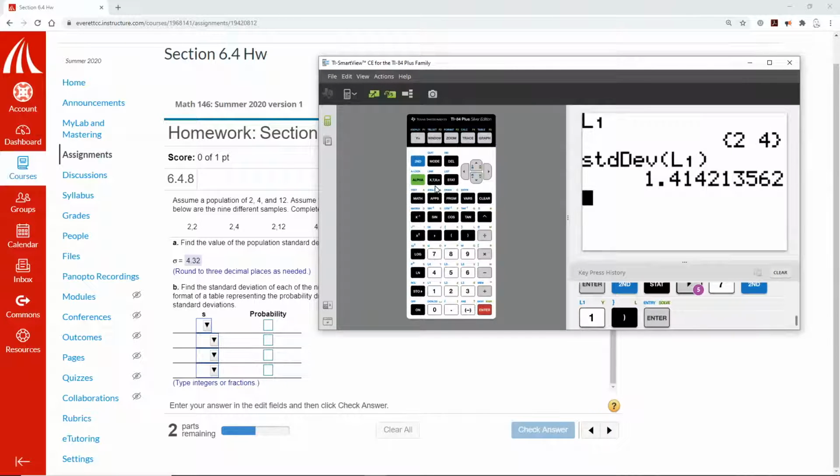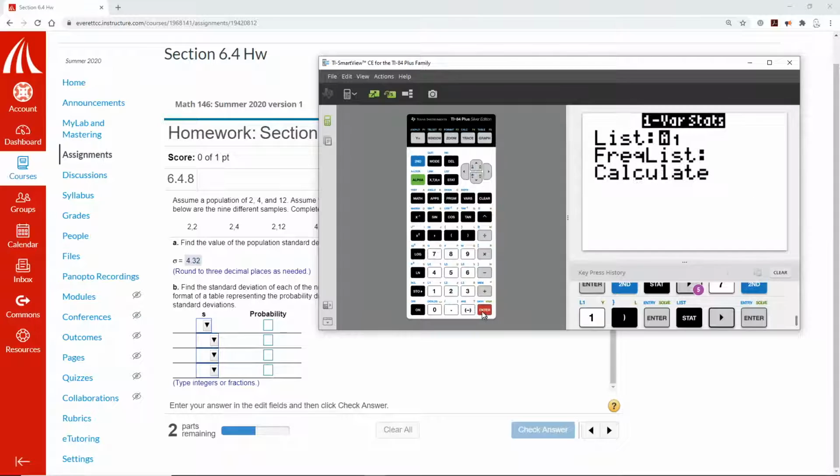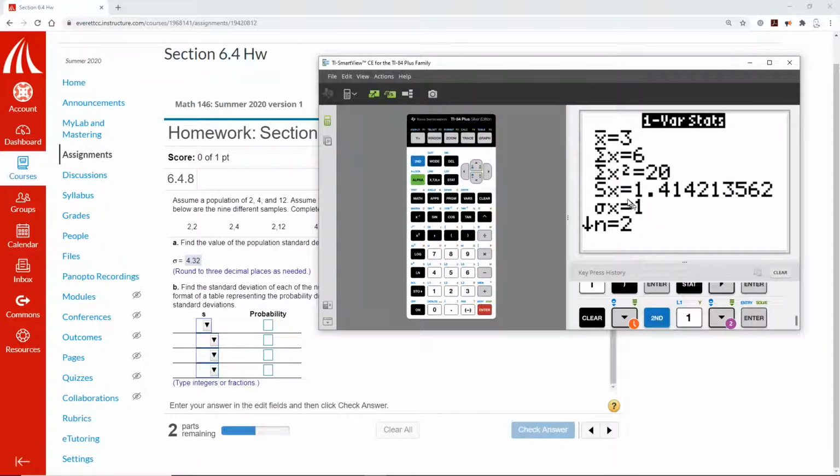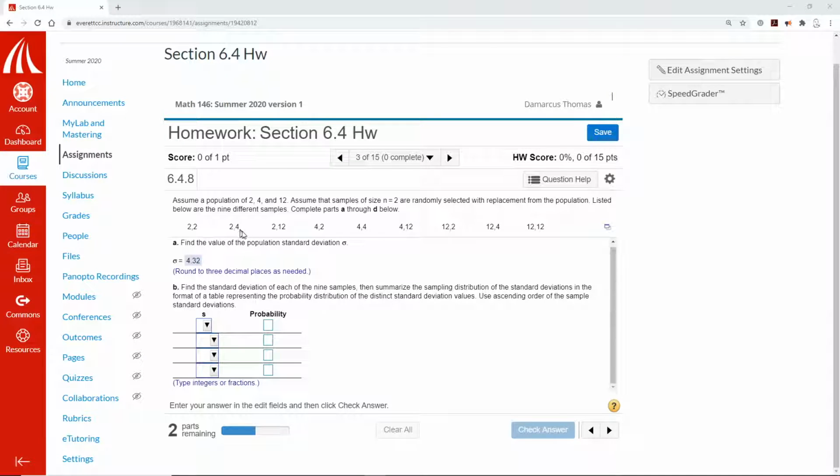Or let me show you the other way. You can go into stat and then go to calc, one var stats, L1, and I get it. Sx is the sample standard deviation. So 1.41. So I got 1.41 when I did 2 and 4, and also 4 and 2. Also, look, 2, 2, 4, 4, 12, 12. That deviation will be 0.